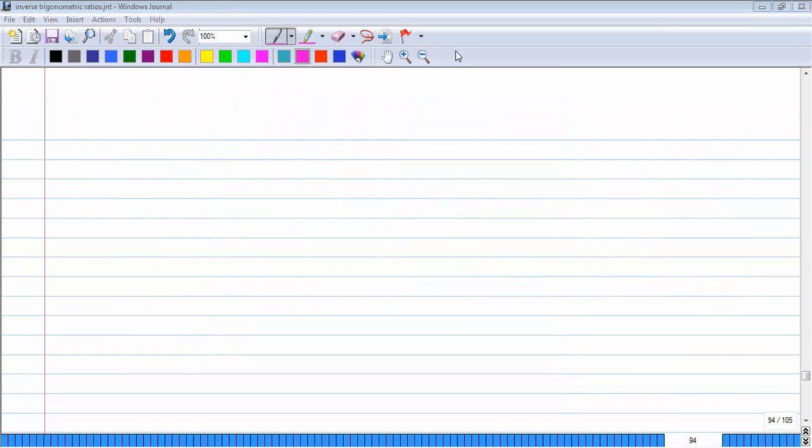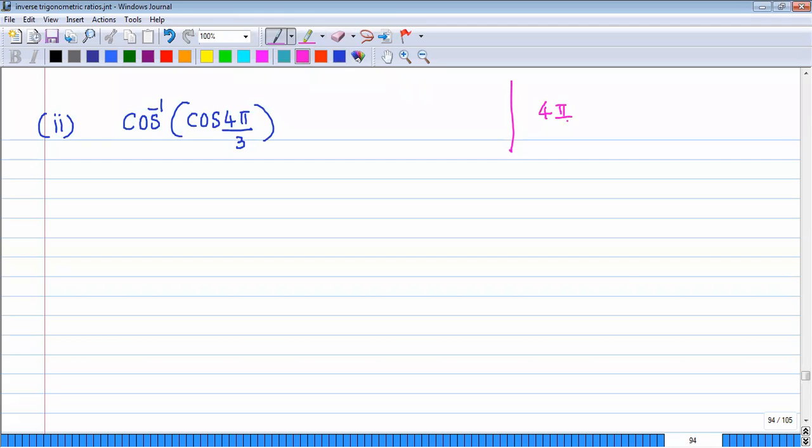Second question. Cos inverse of cos 4 pi by 3. This we need to find out. First check 4 pi by 3: 4 into 60 degrees, that is 240 degrees.